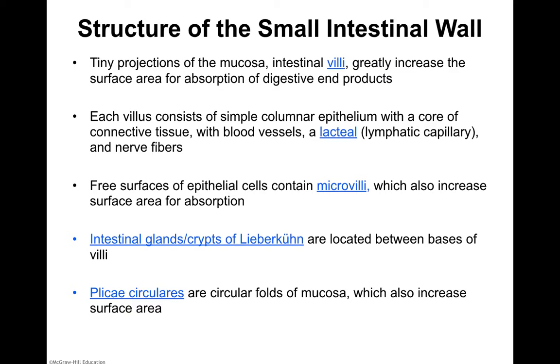The crypts of Lieberkühn, that's an archaic name; we should be using anatomical terms that are more descriptive than that, but they are there. The plicae circulares are circular folds of mucosa, again increasing surface area. This is where we absorb, and if you want maximum absorption, you need maximum surface area. There are many modifications to help with that.